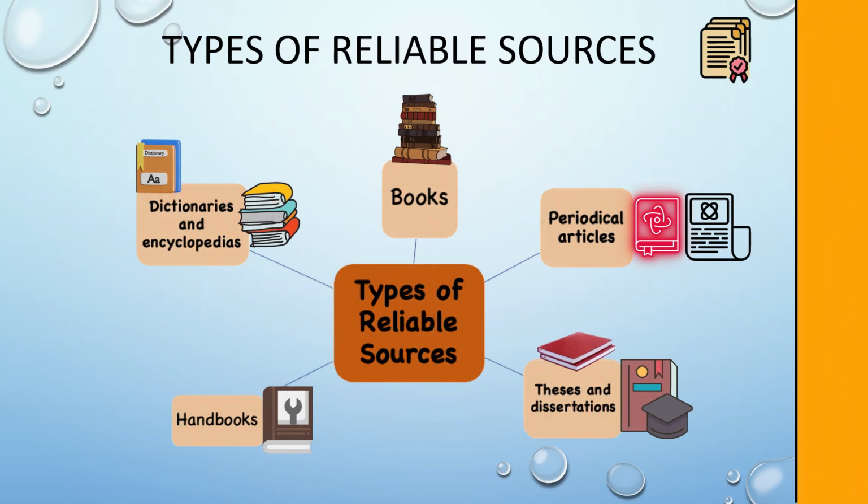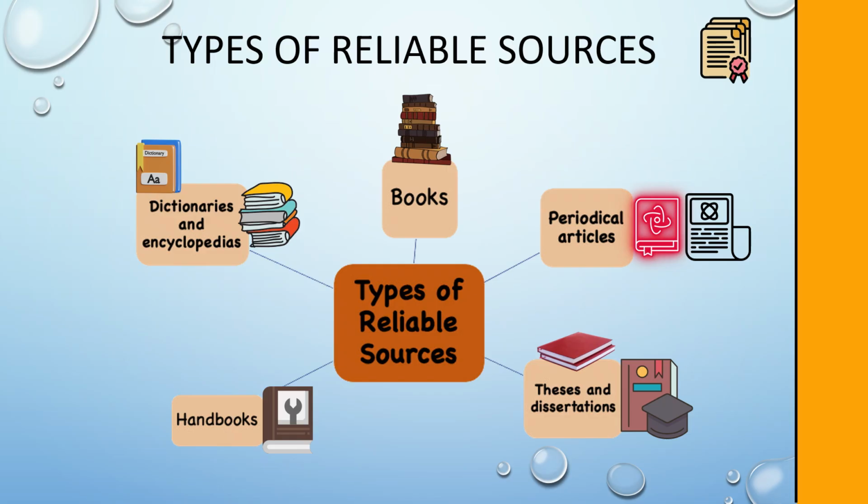Types of reliable sources. You see, we have different types of reliable sources. When your supervisor asks you to look for sources, you should know that sources are classified into reliable and unreliable. Reliable means that they can be taken for granted, that these are good resources.